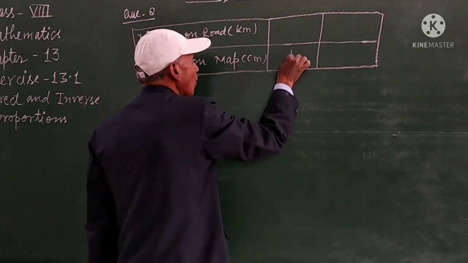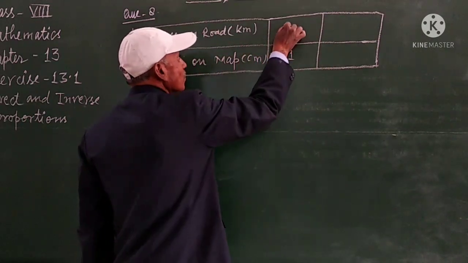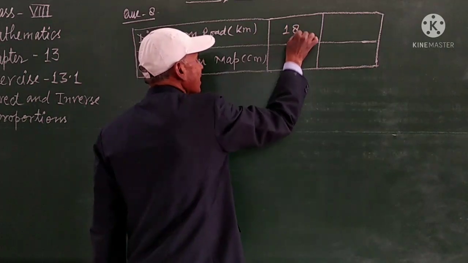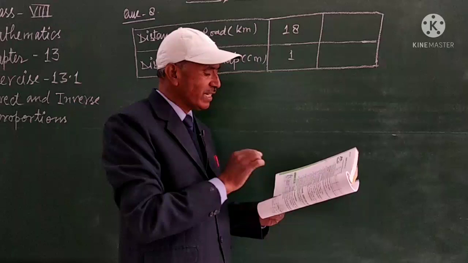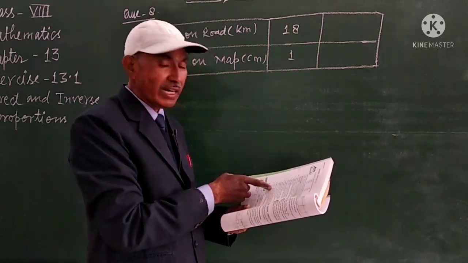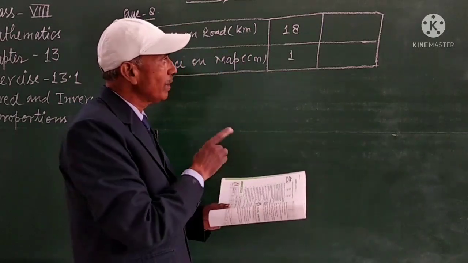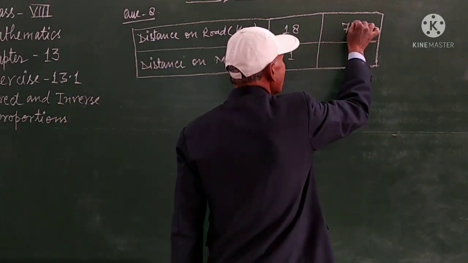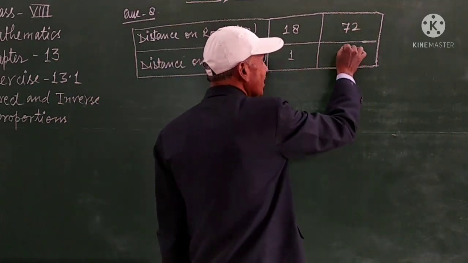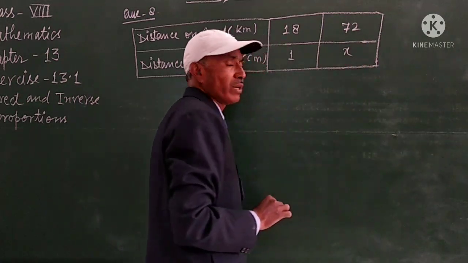So 1 centimeter on map, so actual, that is 18 kilometer. And if actual distance covered by her is 72 kilometer, what will be the distance on the map? So actual distance, that is 72 kilometer. Let this distance be x, student.